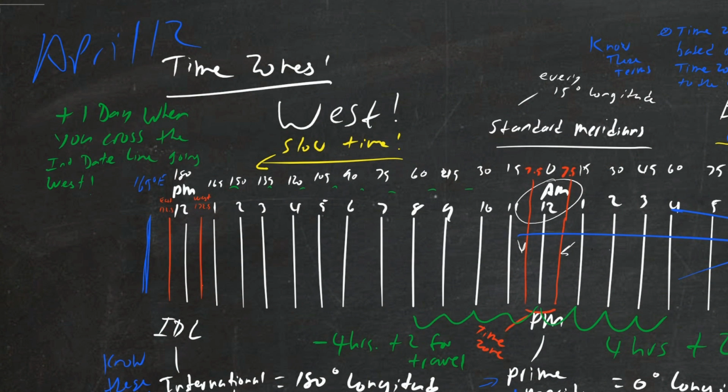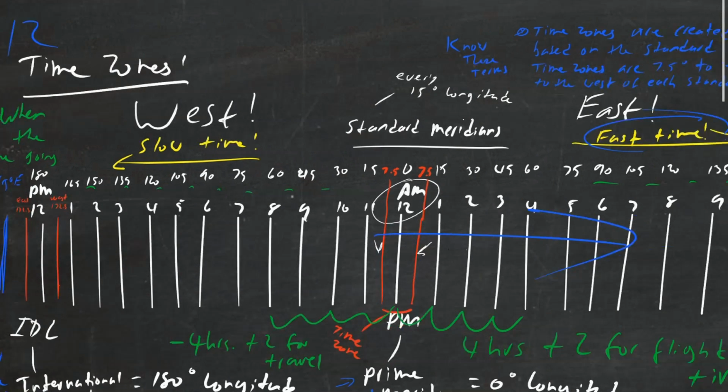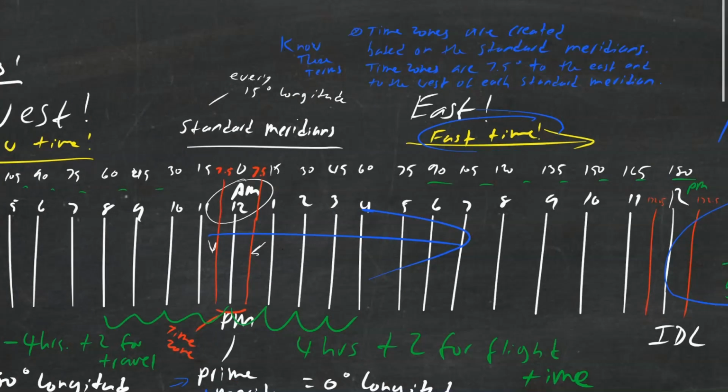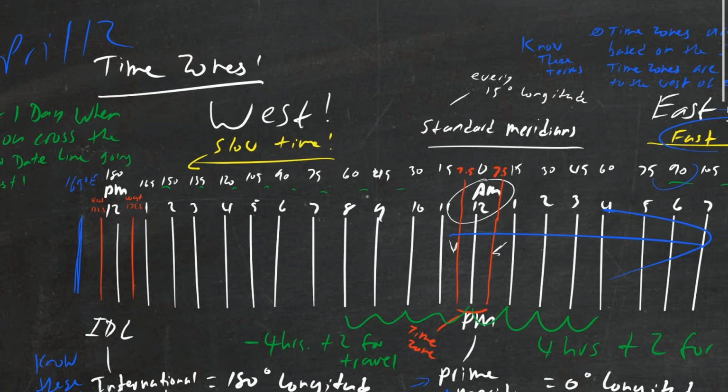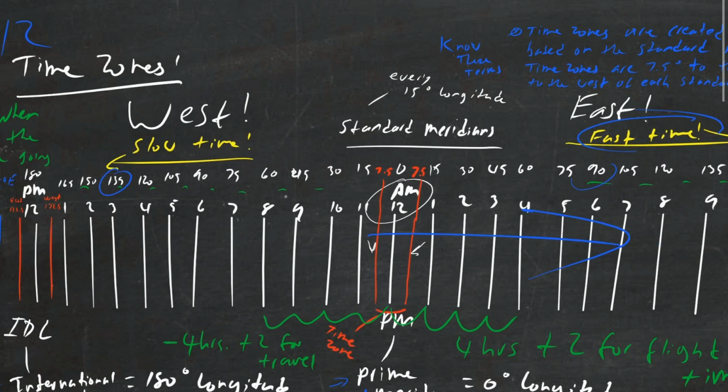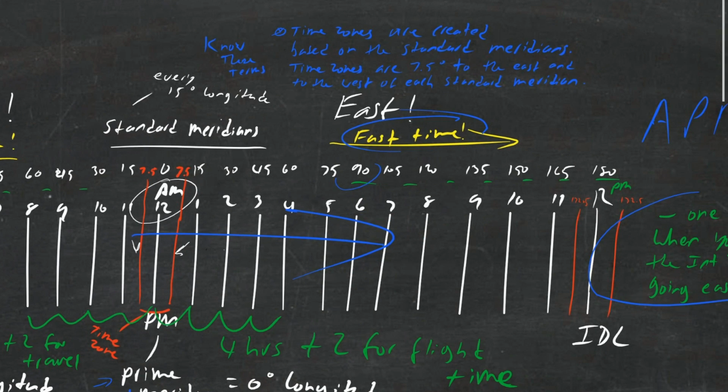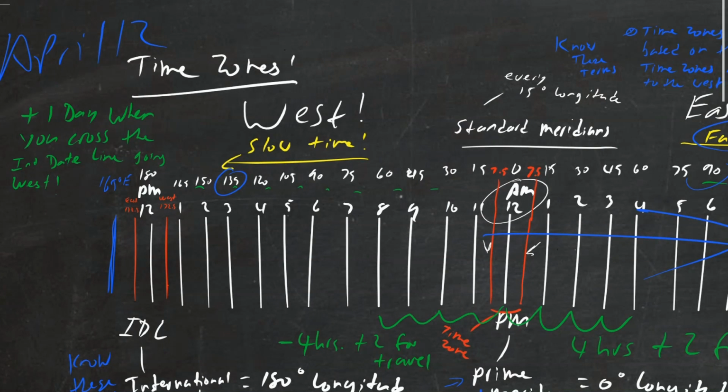Now, how is it that this is the case? Well, let's explain. If I am at the 90-degree east longitude mark, and I'm going across the international date line to a place that's located at 135 degrees west longitude, then here's where it's going to go down. I'm going to cross over 1, 2, 3, 4, 5, 6 time zones, and then 7, 8, 9.